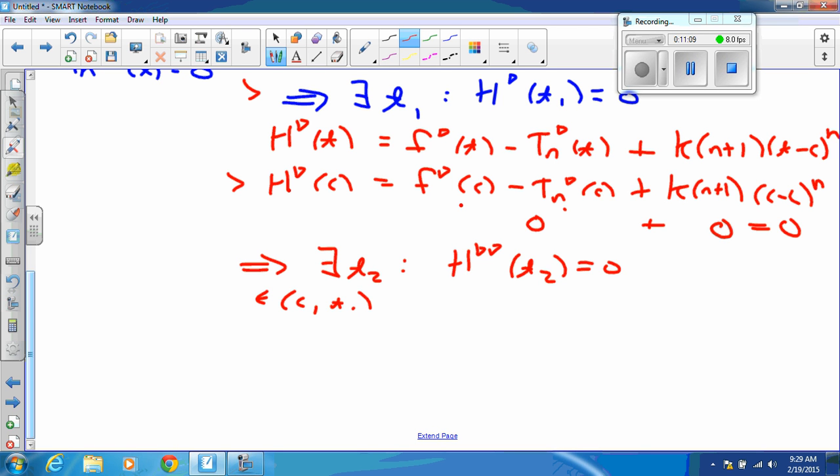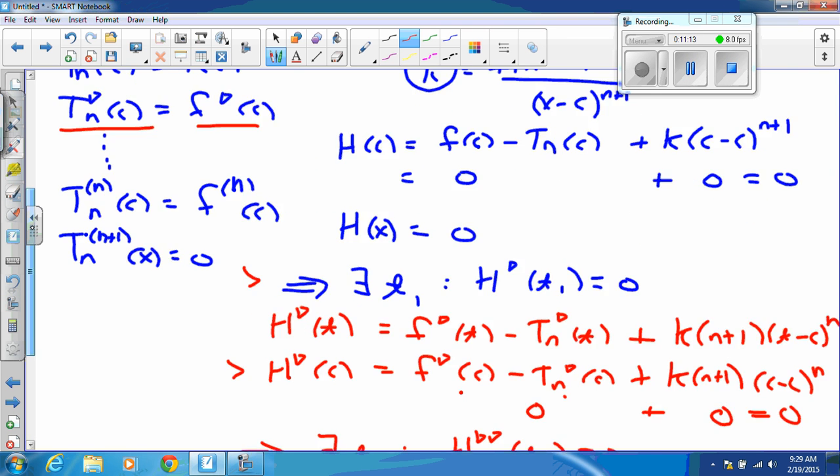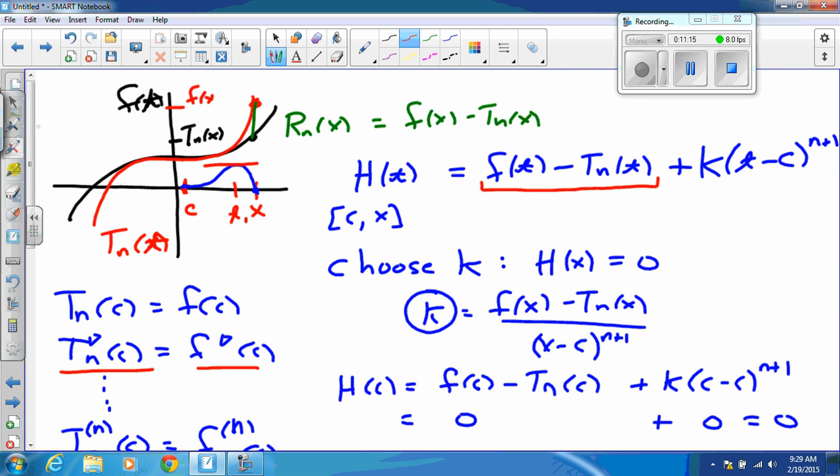Using Rolle's theorem for a second time, and remembering that the second derivative is the derivative of the first derivative. Going back to our graph, we can see where t2 is. It's right at the inflection point of our graph. That's t2. Okay?